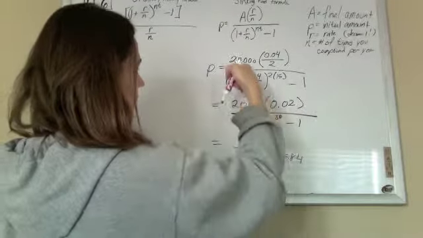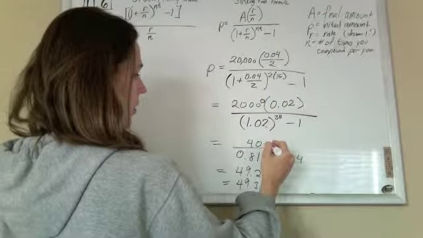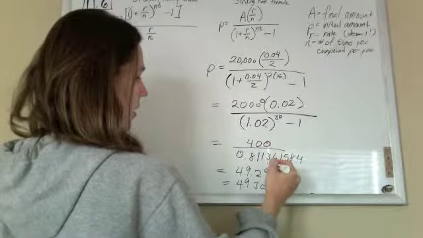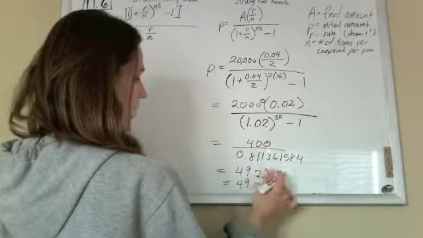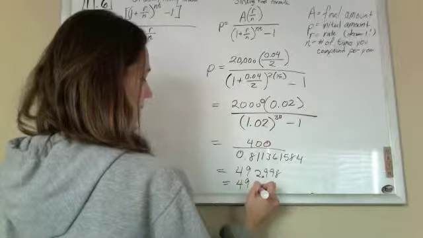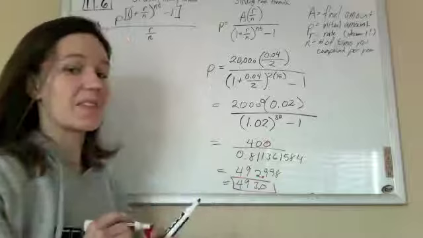I lost a 0 here. That's 20,000, that's 2,000. So there should be a 0 there, which should make a 0 there, which would make that 492.998, which would make that 493.0. So, sorry about that, but that's alright.